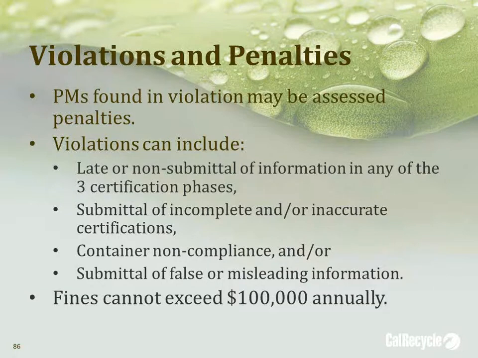Product manufacturers found in violation may be assessed penalties, and those violations can include late or non-submittal of information in any of the 3 certification phases, submittal of incomplete and or inaccurate certifications, container noncompliance, or submittal of false or misleading information. In addition to CalRecycle's issuance of fines and penalties, submittal of false or misleading compliance certifications may result in a referral to the Attorney General for prosecution for fraud.